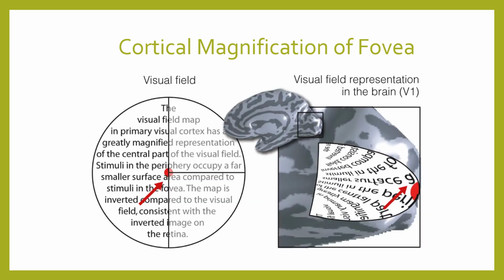Another kind of neat visual representation of what we would be seeing in the brain: when we are looking at that word periphery, and we're right at that red dot in periphery, you can kind of see surface area, the A from area, upside down, above the word periphery, and that is inverted and flipped, right, and it is magnified and more detailed there where our fovea is, where we are putting our foveal vision.